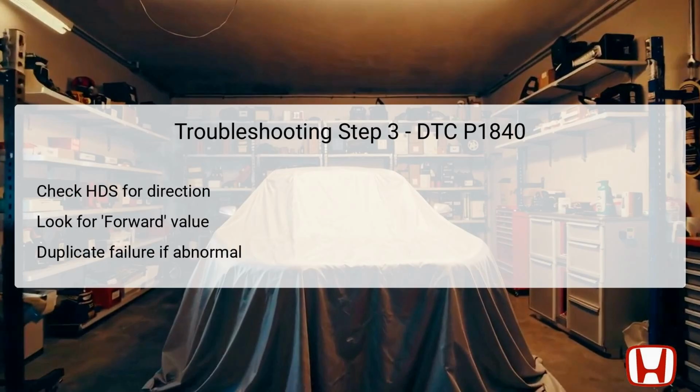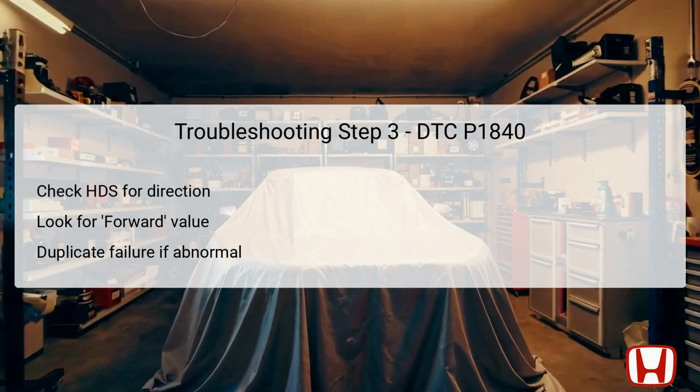After running the vehicle, the next step involves connecting the Honda Diagnostic System, HDS, to check the direction of secondary shaft rotation. This diagnostic tool reads the status and performance of various vehicle systems, including the CVT functionality. You are specifically looking for a displayed value of forward.